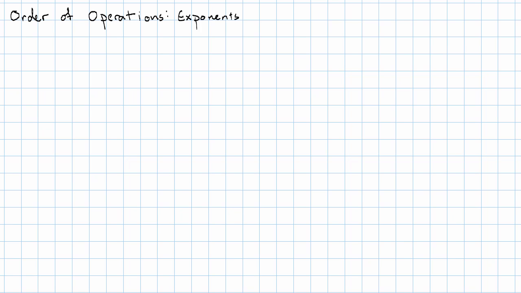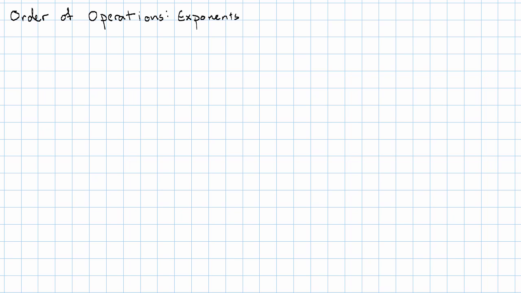What do we do if an expression contains exponents? Well, notice that unlike addition, subtraction, multiplication, and division, it doesn't really make sense to have a string of exponents. So really the question is, when does the exponent happen if it's in an expression with other operations?